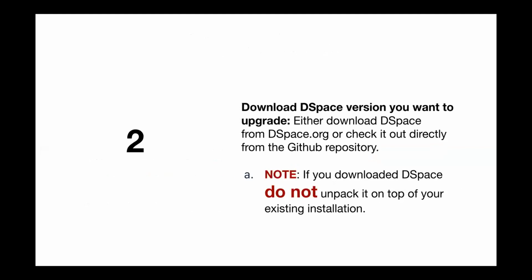Do not unpack the download on top of your existing installation, which means you need to have two folders: one for the live system and another for the upgrade. Do not unpack the downloaded version of DSpace into an existing DSpace folder.